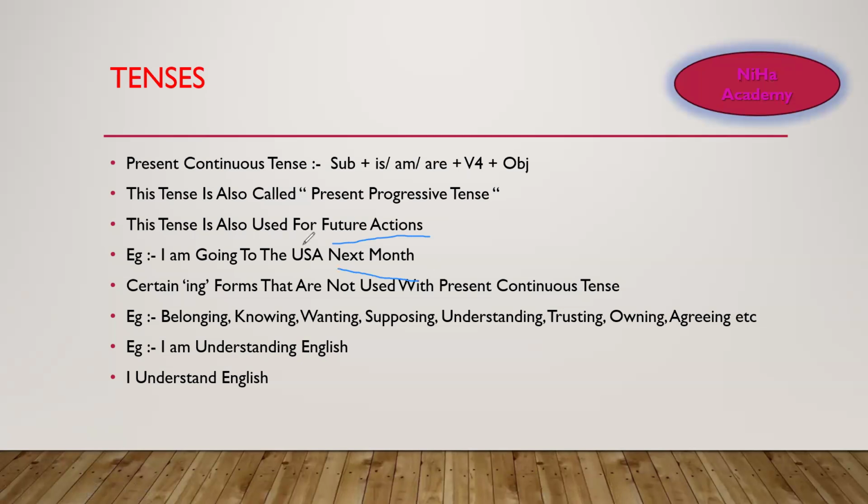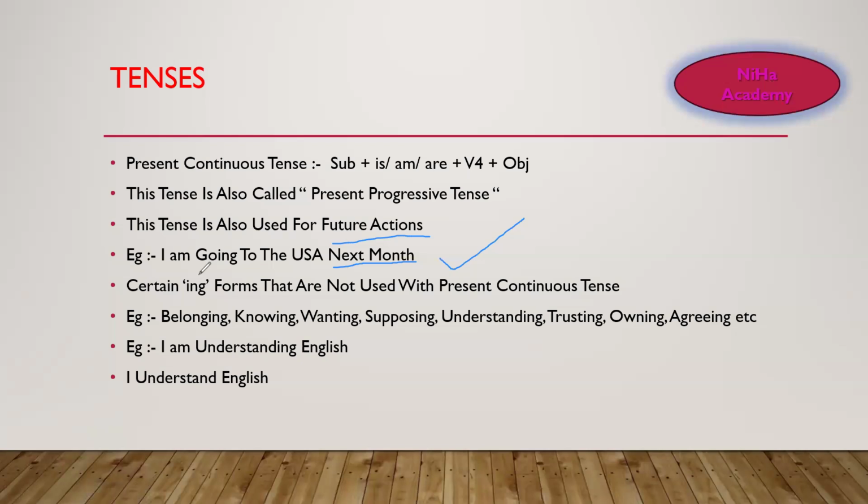What I am saying is, if there is the keyword next month, next year, next week, it must be a future tense. But here we say it is present continuous tense. Why? Because it is a planned future action. I am going to the USA next week, or I will go to the USA next month.